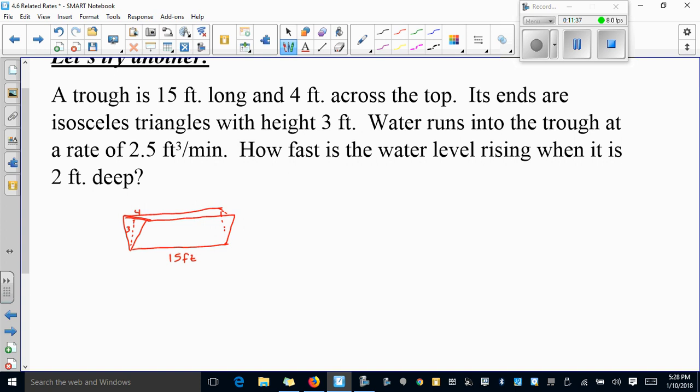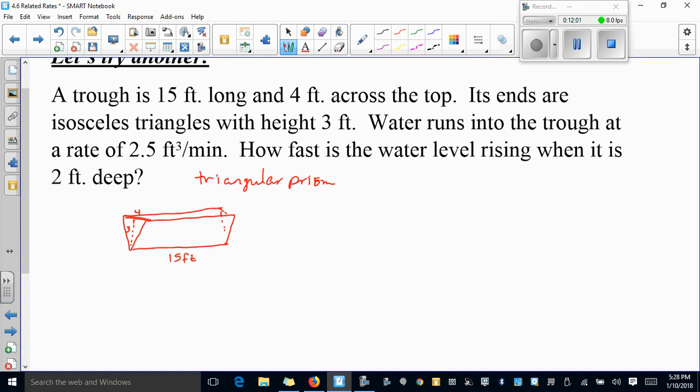So the volume for this one here is 1/2 the base times the height times the length. So there's our function. This is not the one we're going to use, but we can assign our variables from this. So V equals volume.